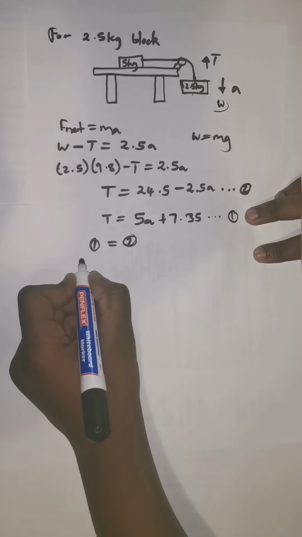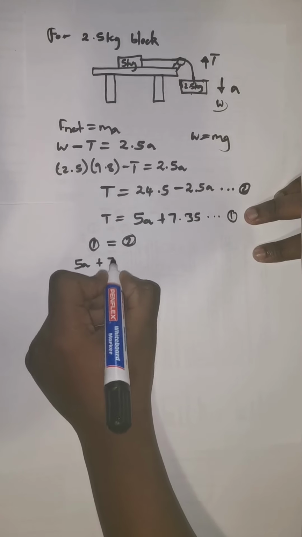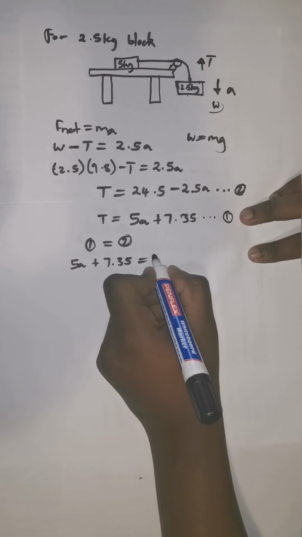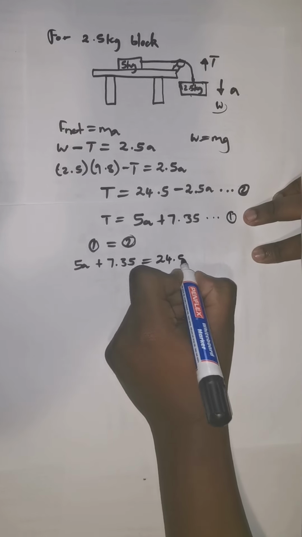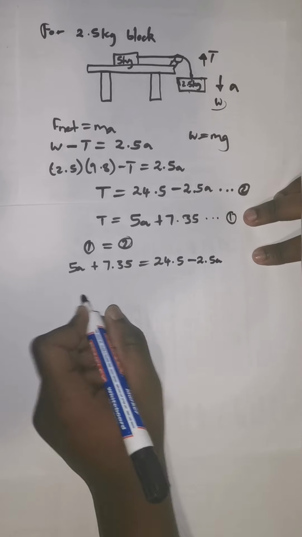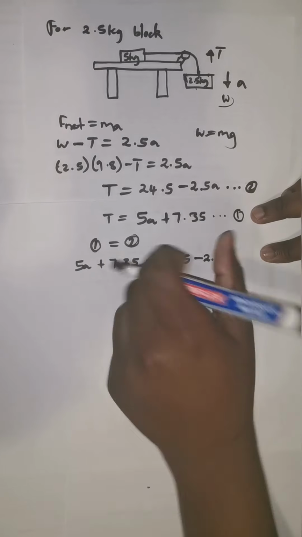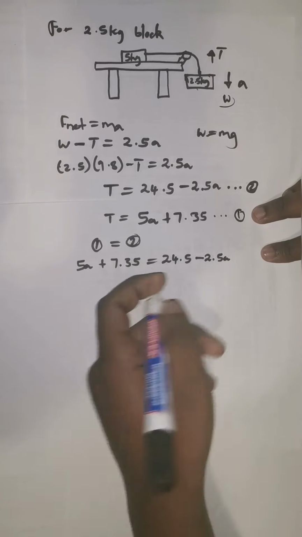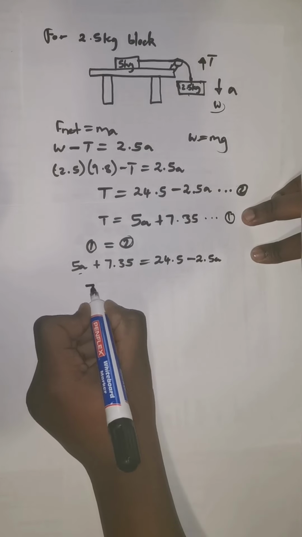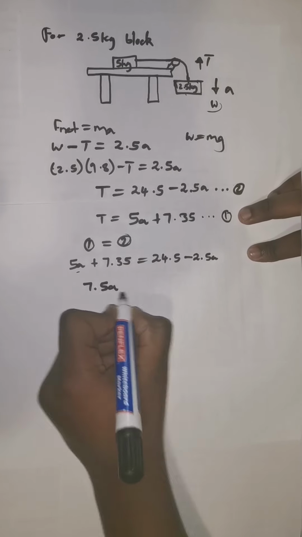So the first equation is 5a plus 7.35 is equal to what? 24.5 minus 2.5a, right? So we're going to take like terms. So 5a, when we take this to the other side, it's going to be 5a plus 2.5a. This is going to give us 7.5a, right?